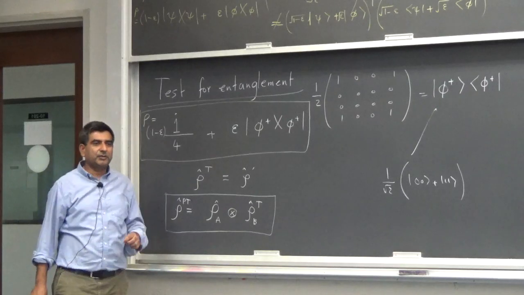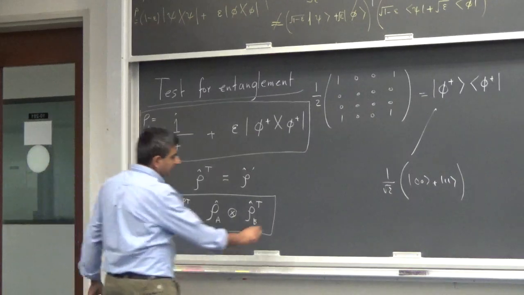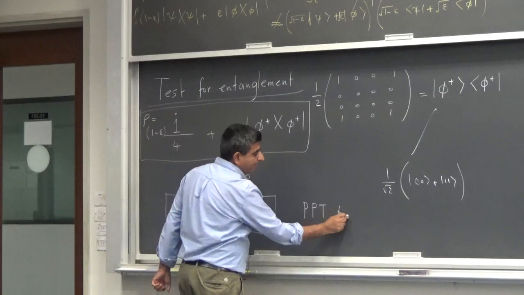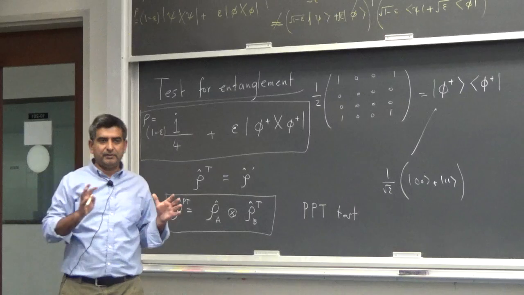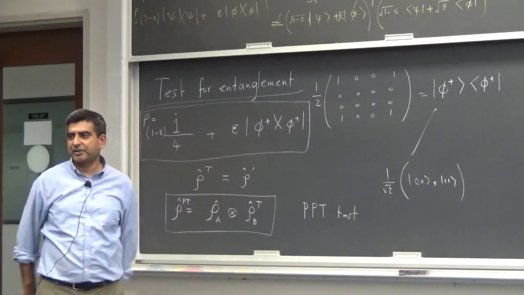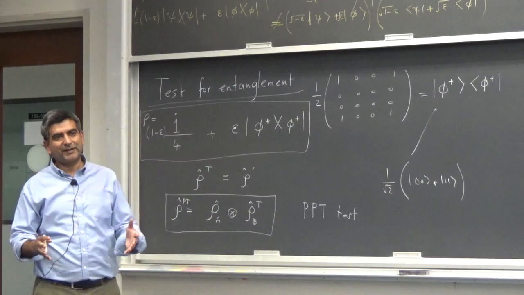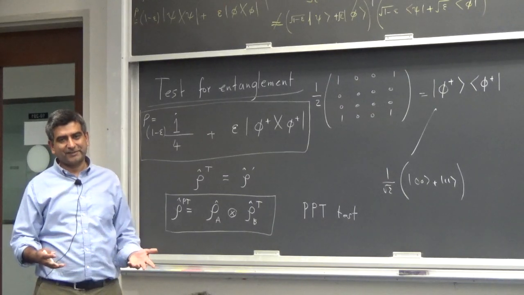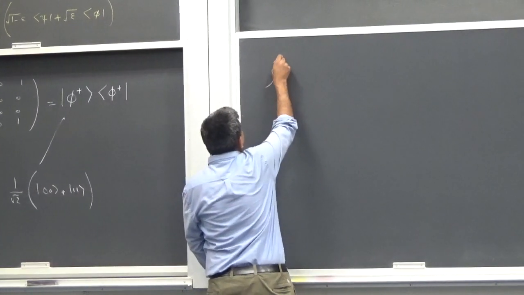So this, by the way, is called the positivity of the partial transpose test, the PPT test. You can pick up any density matrix, 2 qubits, and take its partial transpose and see whether the new matrix that is made is a legitimate density matrix. And how can you tell whether it's a legitimate density matrix? Of course, you would have to have that rho is Hermitian.